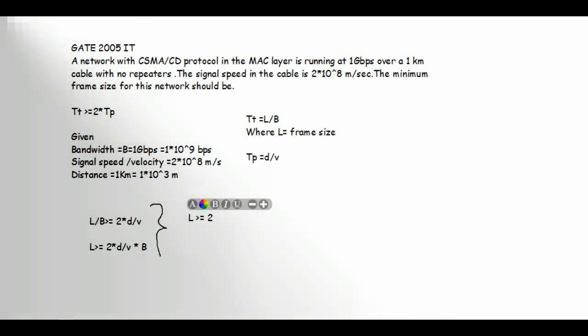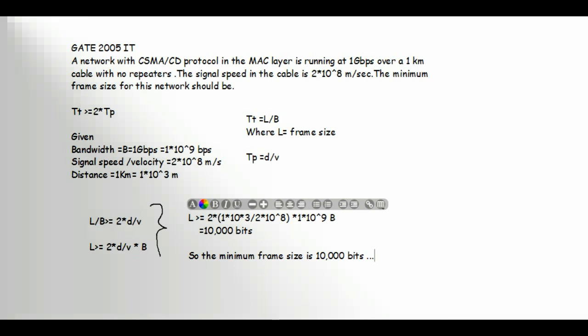So L is greater than or equal to 2 into 1 into 10 to the power 3 upon 2 into 10 to the power 8, which is distance by velocity, into bandwidth, which is 1 into 10 to the power 9 bits. When we solve this, we will get 10,000 bits. So the minimum frame size is 10,000 bits.